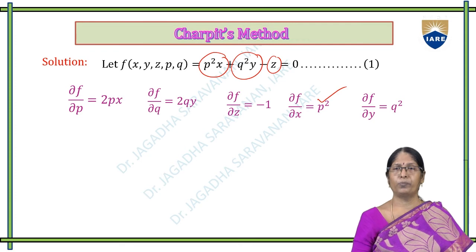So what are the terms required to substitute in the Charpit formula we obtained?